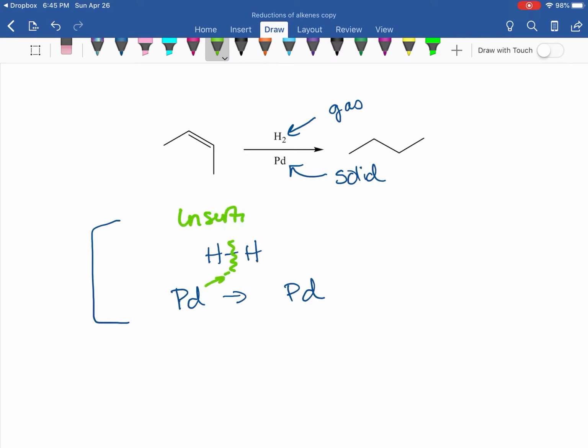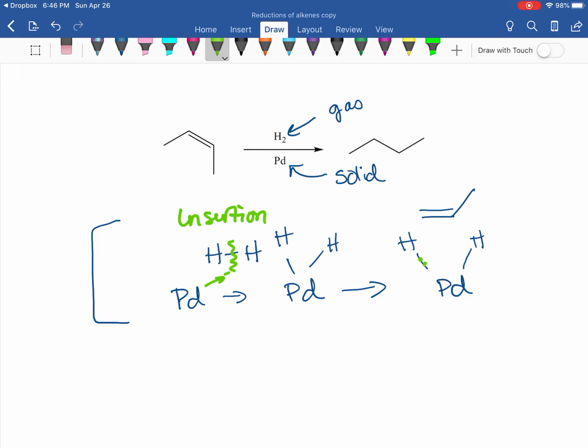So if you could sort of envision, the first thing that happens is your palladium will actually insert into that bond here in our elemental hydrogen. We will do an insertion. So that hydrogen is then coordinated to your palladium.